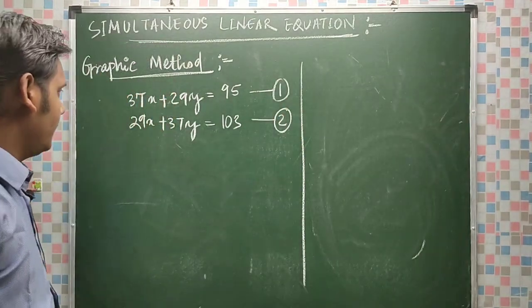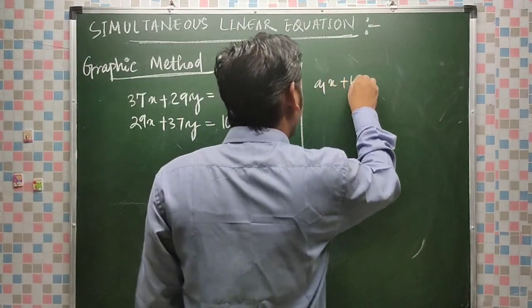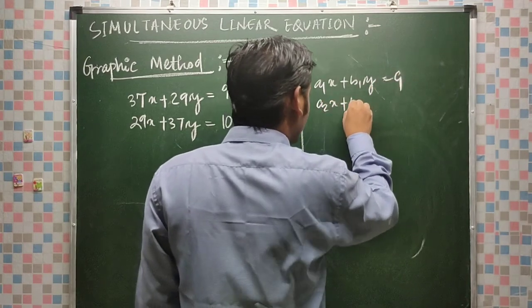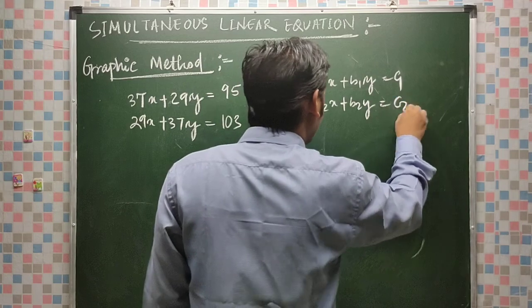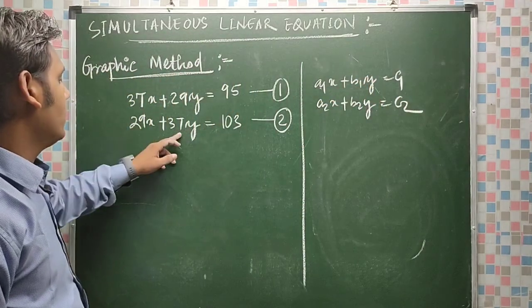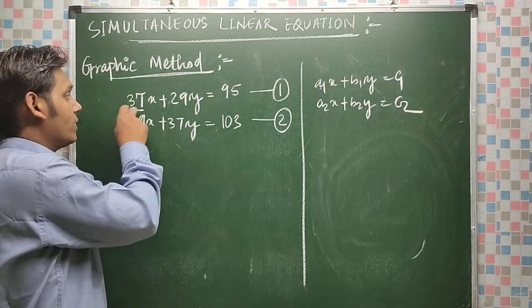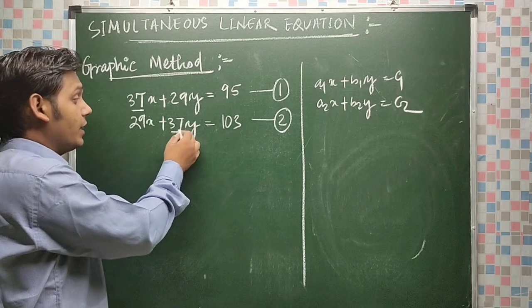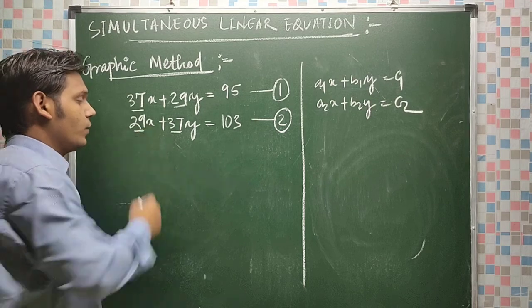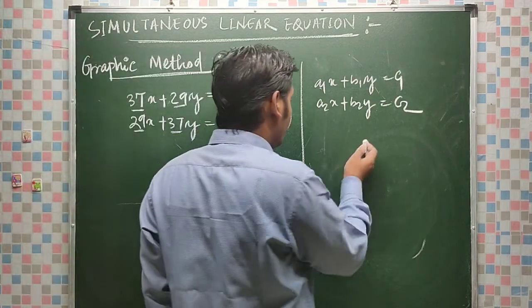Now you can see clearly it is in the form of a1x plus b1y equal to c1, a2x plus b2y equal to c2. Here a1 is equal to b2 and b1 is equal to a2. That means the first equation's x coefficient is equal to the second equation's y coefficient, and the first equation's y coefficient is equal to the second equation's x coefficient. So in this case, what you have to do is add both equations.